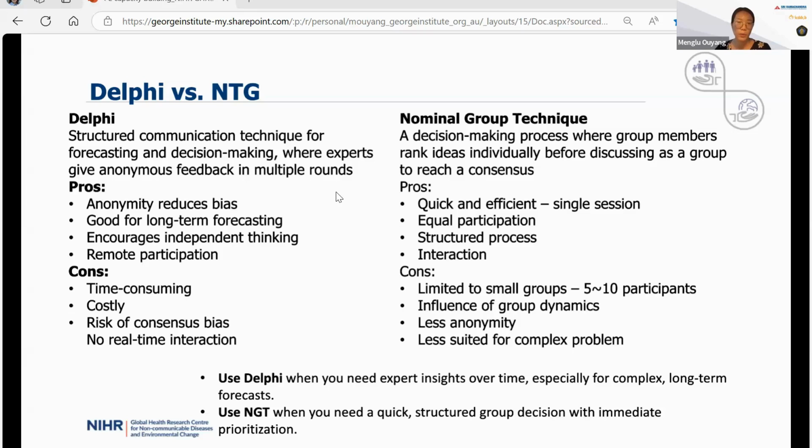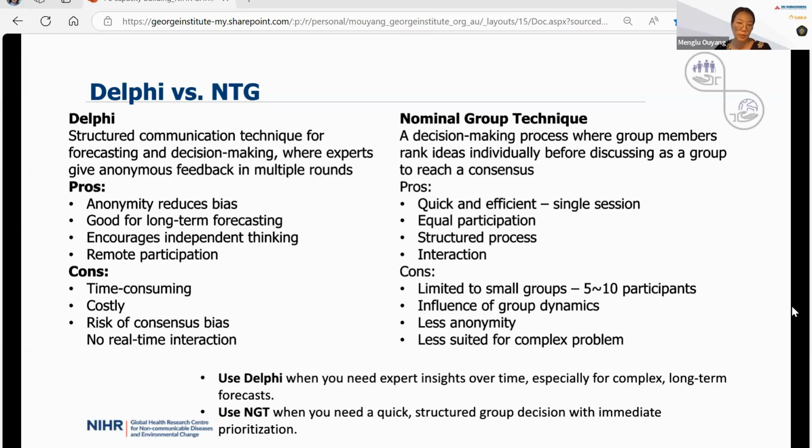However, the nominal group technique is also a decision-making process, which asks group members to rank their ideas before discussing to reach a consensus. Compared to the Delphi method, the nominal group technique usually has limited participants because it's within a small group.